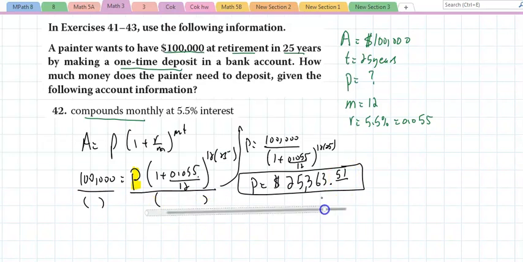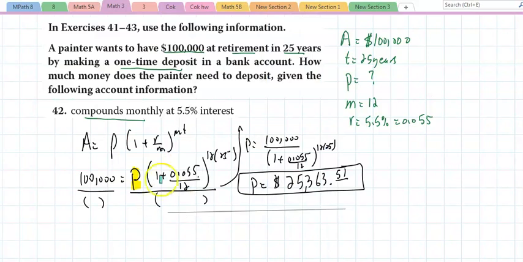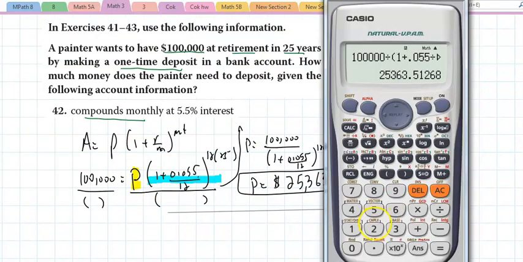Another slightly different way of doing this is for you to say, you know what? Let me figure out what this is. Plug this in my calculator. So I'll take 1 plus 0.055 divided by 12 raised to the 12 times 25, equals. I got it.